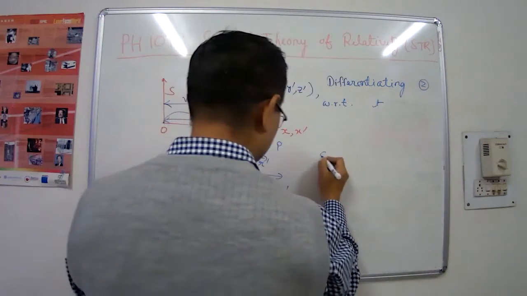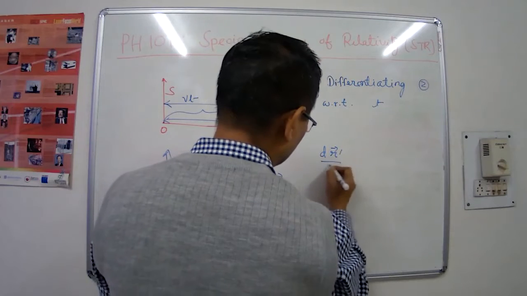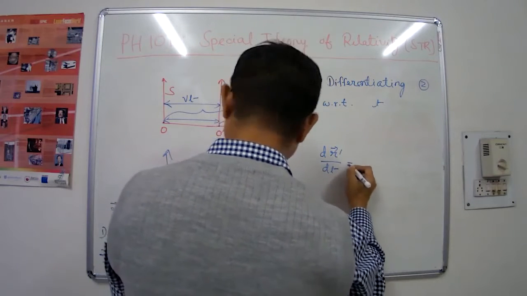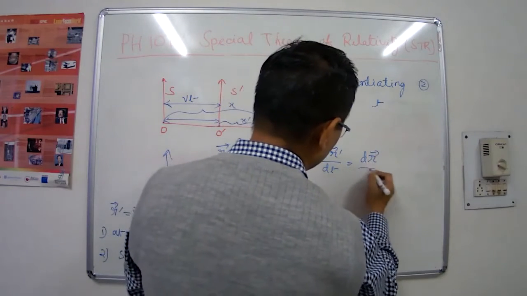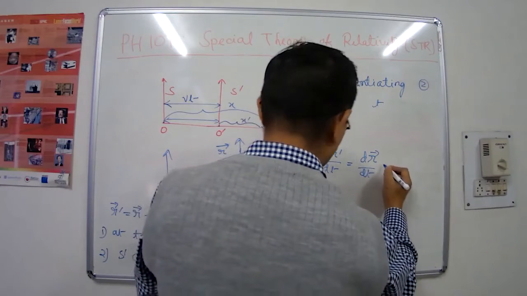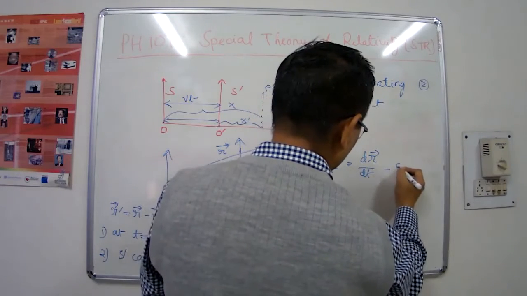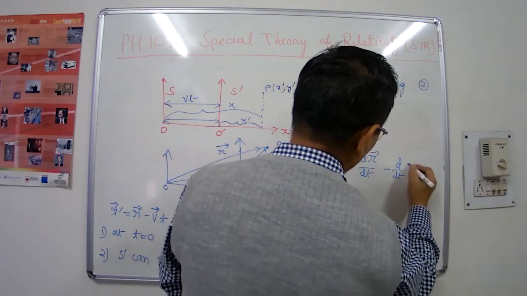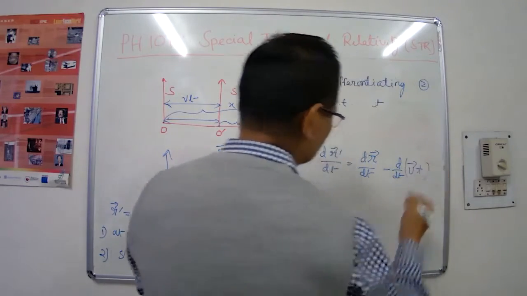So now you know that dr prime dt equal to dr dt minus d dt of Vt.